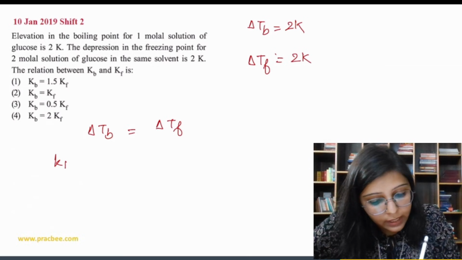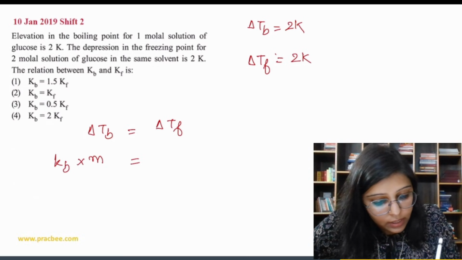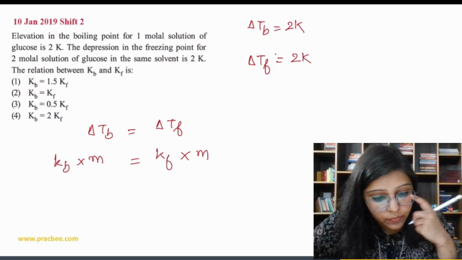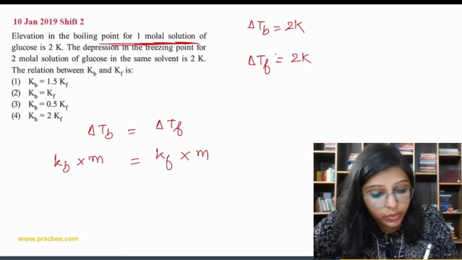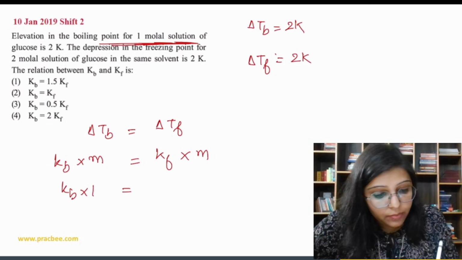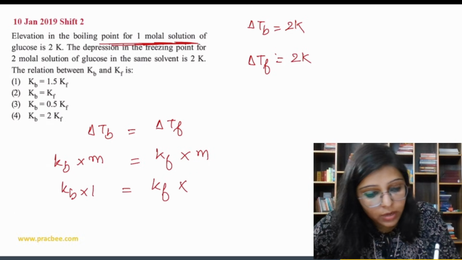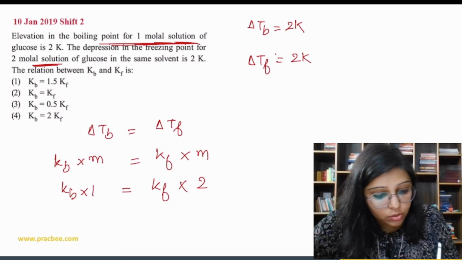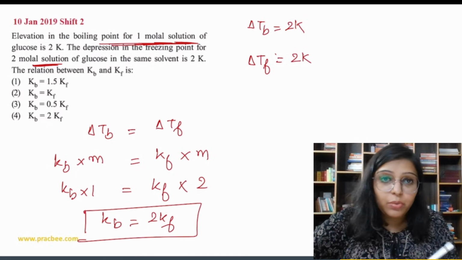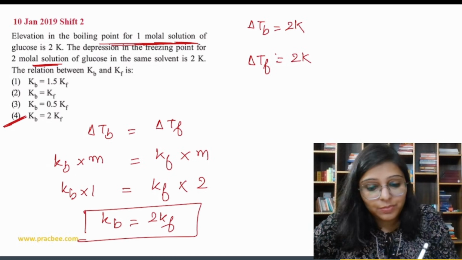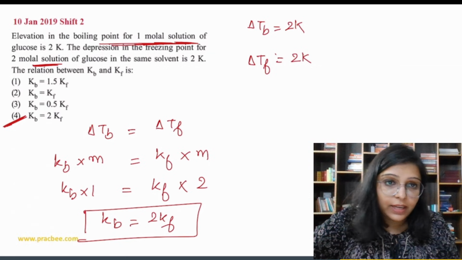So we can say that KB into molality for this one is KF into molality for this one. So for boiling point, solution molality is 1, so we write KB into 1, and for KF solution molality is 2. So KB is 2 times of KF. Very simple question, right? So option number 4 is the correct answer.